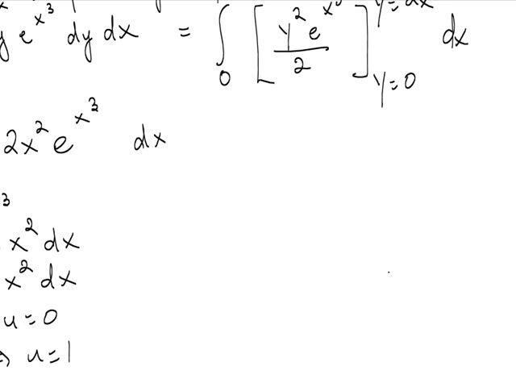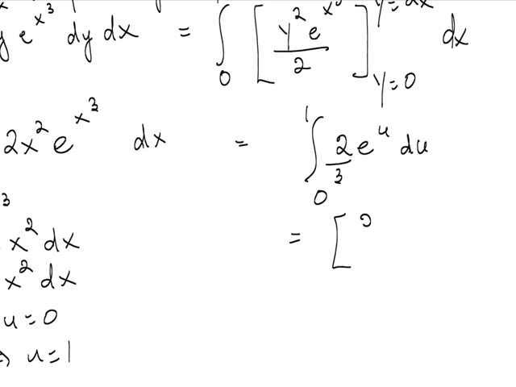So let's rewrite the integral. This is equal to the integral from 0 to 1. Leave the 2 alone. e to the x cubed becomes e to the u. x squared dx becomes du over 3. So we're integrating 2/3 e to the u.